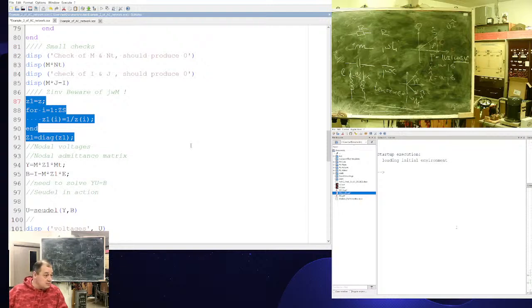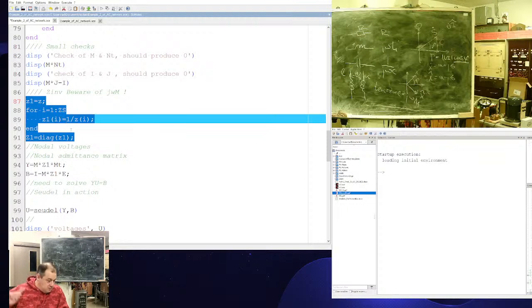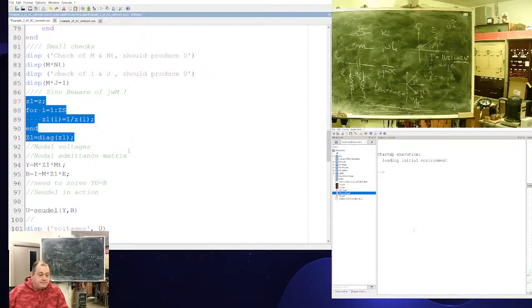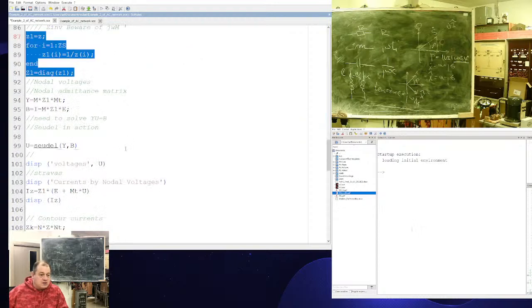With Jordan, the procedure we used in the transport network. This part is legal only if there is no mutual inductance. If it is present, this part will not work, and you need to put a complete Jordan procedure here. Okay, let's go forward.